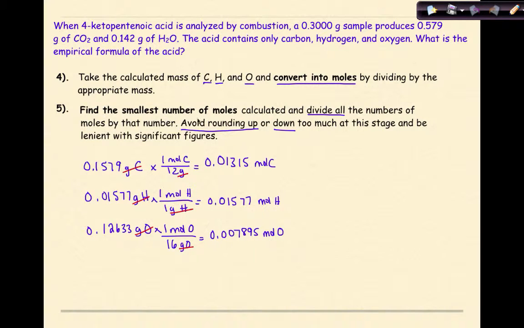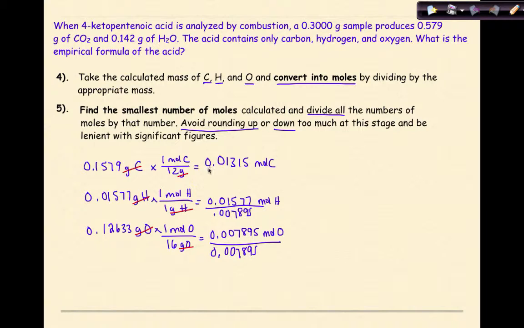Now we're on to step 5. Find the smallest number of moles calculated, try to figure out which one of these is the smallest one, and divide all of the numbers of moles by that number. So when I look at these, the smallest is the moles of oxygen. So each one of these, including the oxygen, is going to be divided by 0.007895.